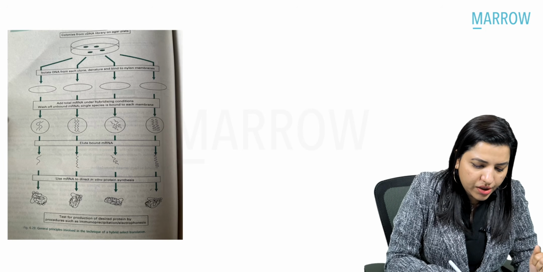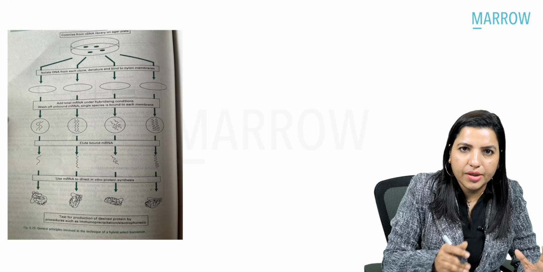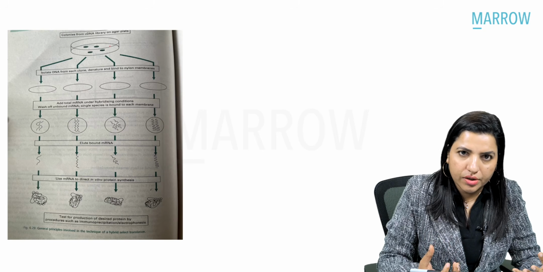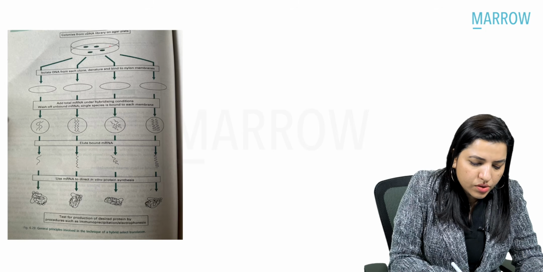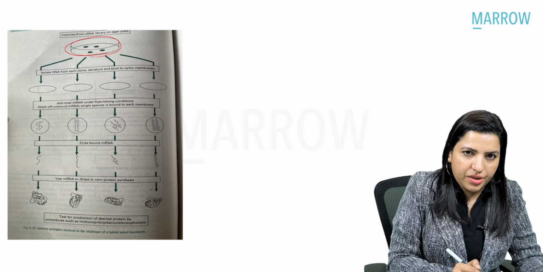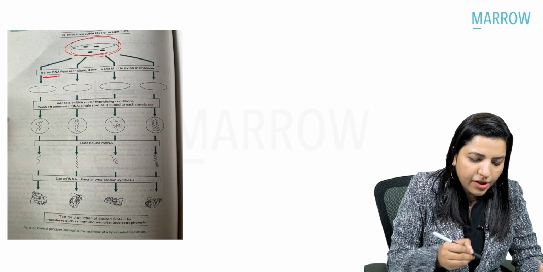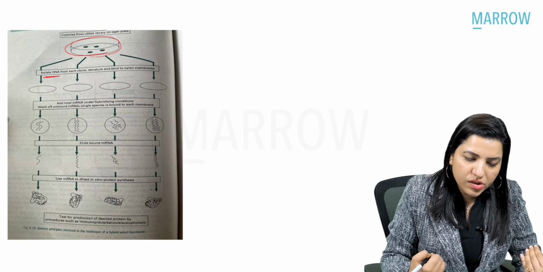This is about a cDNA, like recombinant DNA technology where we are using a cDNA. So this is the colony that we obtain. So what we'll do is first isolate the DNA from the clone. That is the first thing that we do.